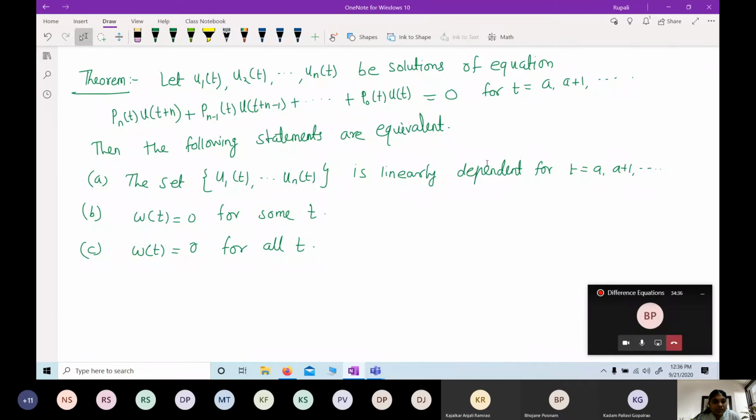But if you see these three statements carefully, two statements are obvious. Which implication is obvious here?